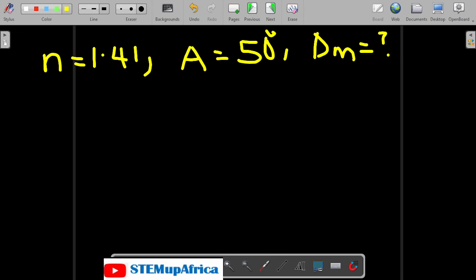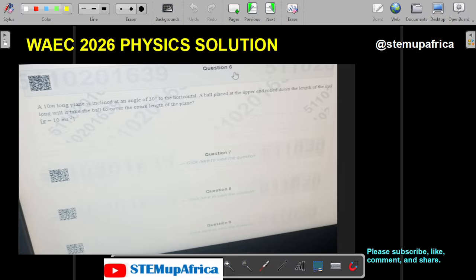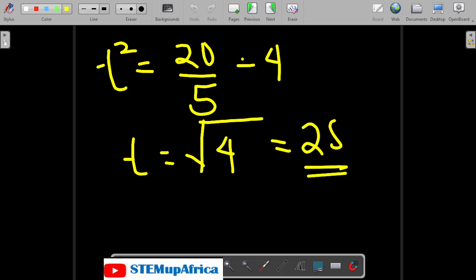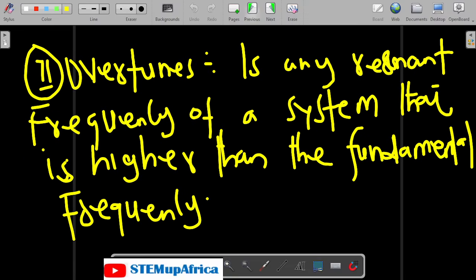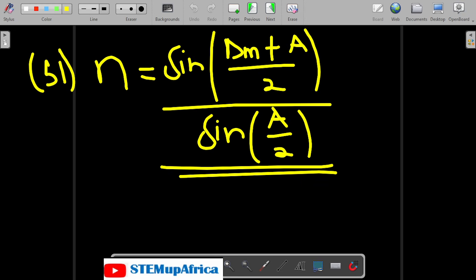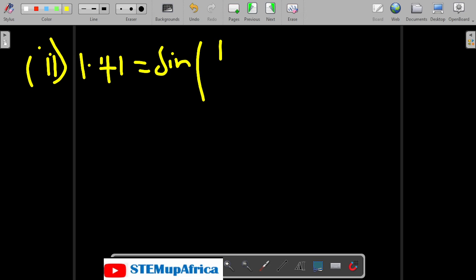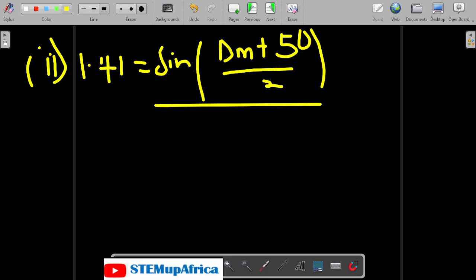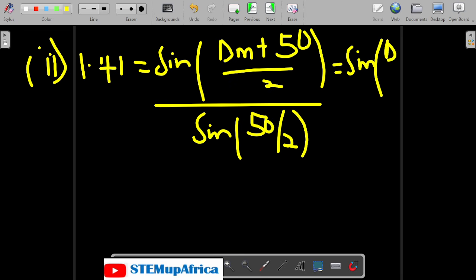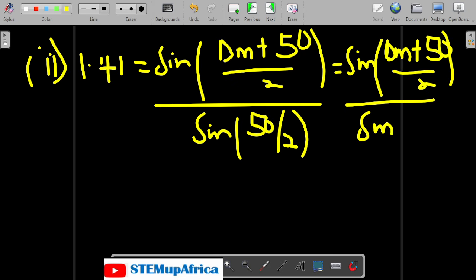So let's put it in the same formula. 1.41 equals sine of (dm plus 50) over 2, over sine 50 over 2, which is sine 25.